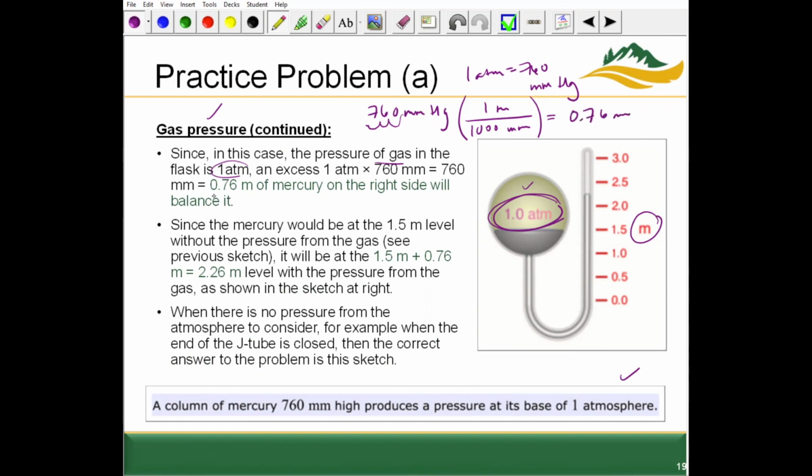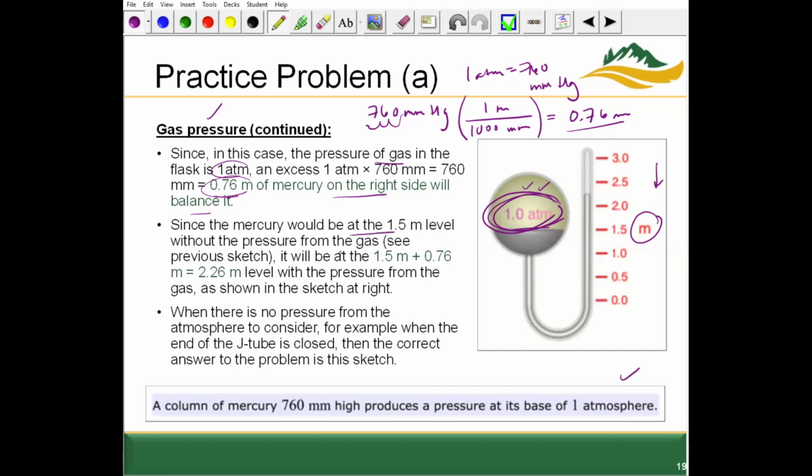That means the 0.76 meters of mercury on the right side will balance it. So 0.76 meters of mercury on the right side will balance 1 atmosphere of pressure from the gas that's present in this flask, because 1 atmosphere is equivalent to 0.76 meters.